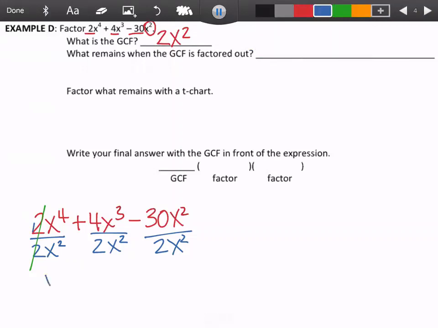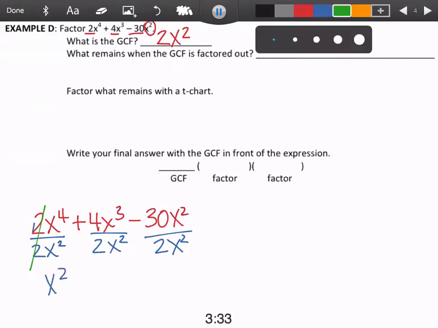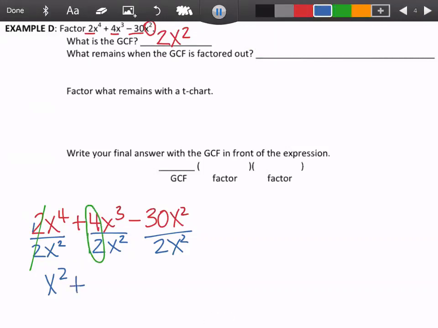So 4 minus 2 is x squared. Take the 4 divided by 2, that is going to give us positive 2. Take the exponents and subtract them. We get x to the first. Then negative 30 divided by 2, that's negative 15. And the x squareds will end up canceling each other out. So we have x squared plus 2x minus 15.